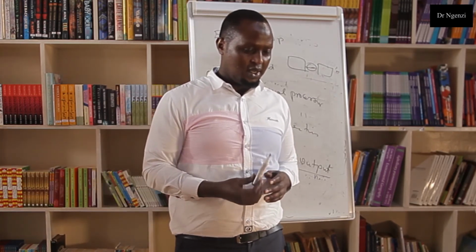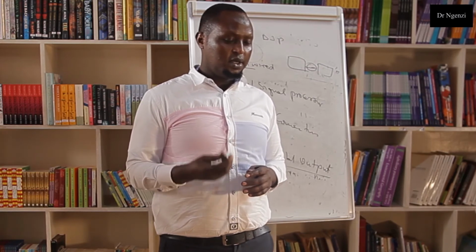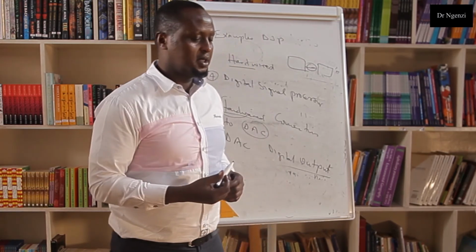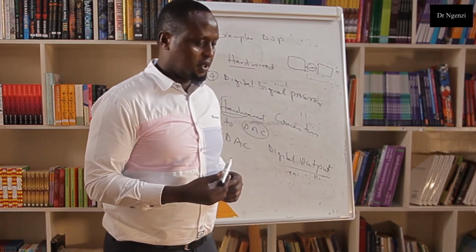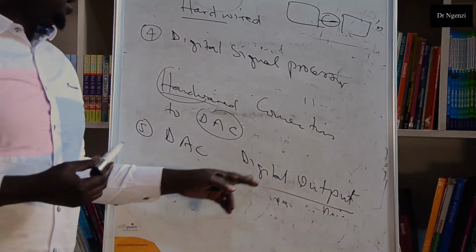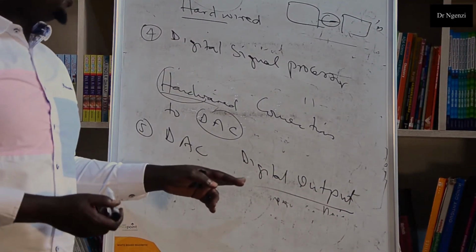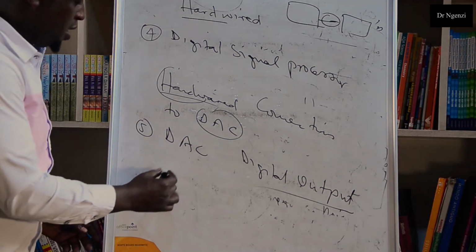So the output signal is going to be of a digital nature, and it is going to require the final output so that it is easier to be converted into analog again.